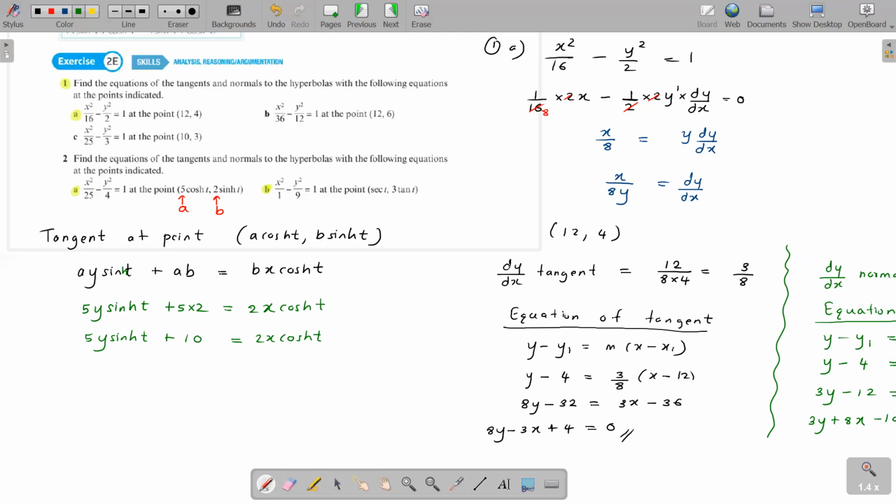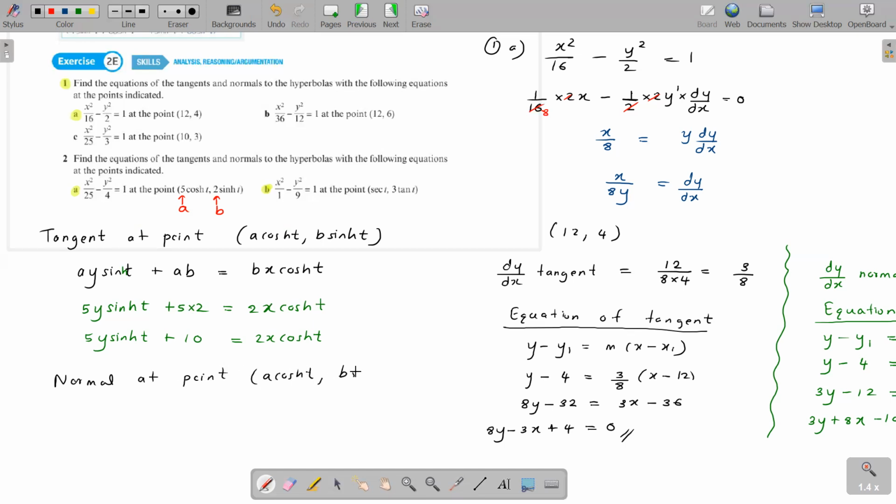Then the next one, normal equation. What was the normal? The arrangement can be anything because you could make y the subject or take x and y to one side. That's fine because they haven't given you any arrangement. Unless they strictly ask you to make y the subject, there's no problem. I just gave it in the format that they gave us. Normal at point A cos t, B sin t.